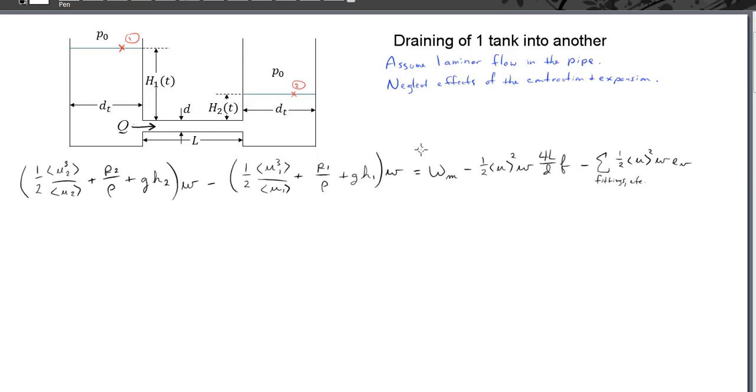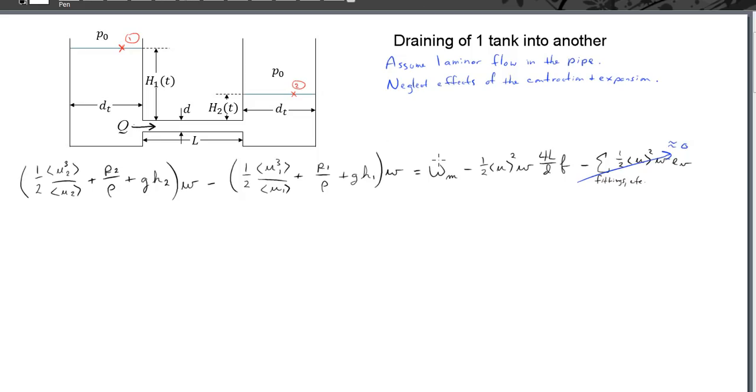If we neglect the effects of the contraction and expansion, we'll find for laminar flow that we get a much more simplified expression for the velocity that allows us to make much more analytical progress. So, we've neglected the effects of the contraction and expansion at the inlet and outlet of the pipe.